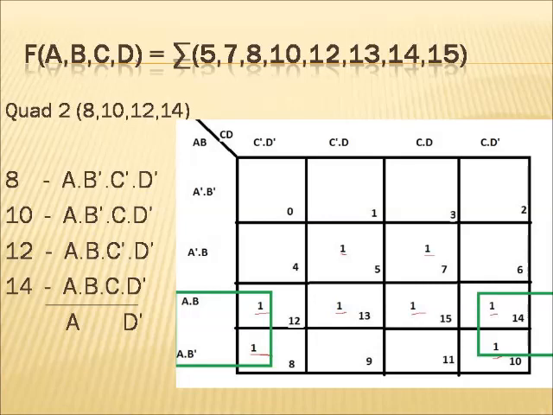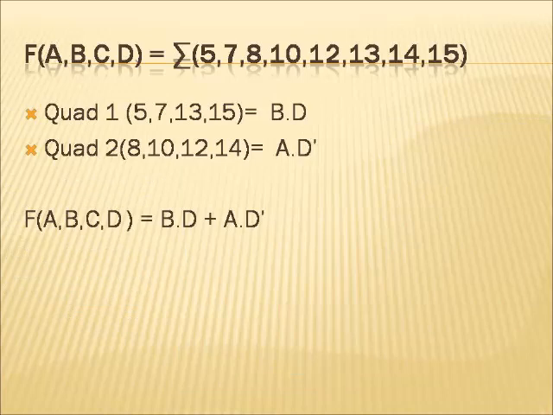Okay, so we have got a Boolean expression f of A B C D equal to sigma 5, 7, 8, 10, 12, 13, 14, 15, and we have used the K-map method. We have formed the groups and reduced the groups.